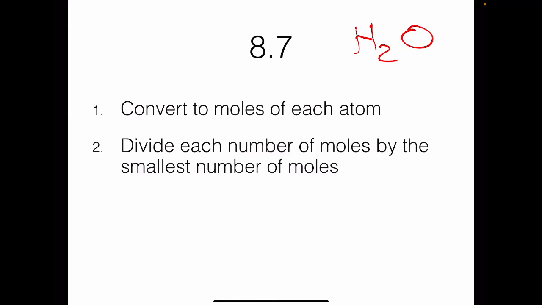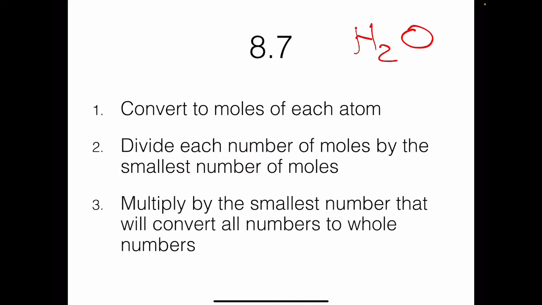This is similar to what we did when we were turning a molecular formula into an empirical formula. By dividing by the smallest number of moles, you're ensuring that one of those elements will have a subscript of 1 next to it. And the third step is to multiply by the smallest number that will convert all numbers to whole numbers. This is often not necessary. This would be one of those A-level questions where you have just one more step that you have to do to be able to determine the correct answer.